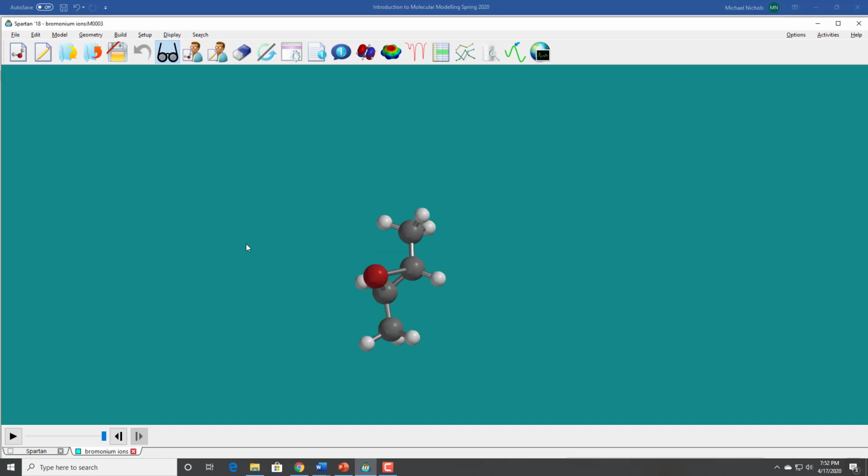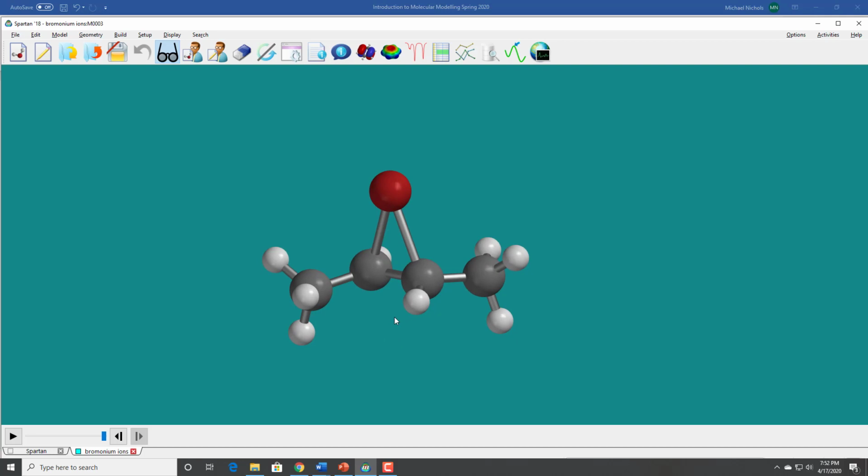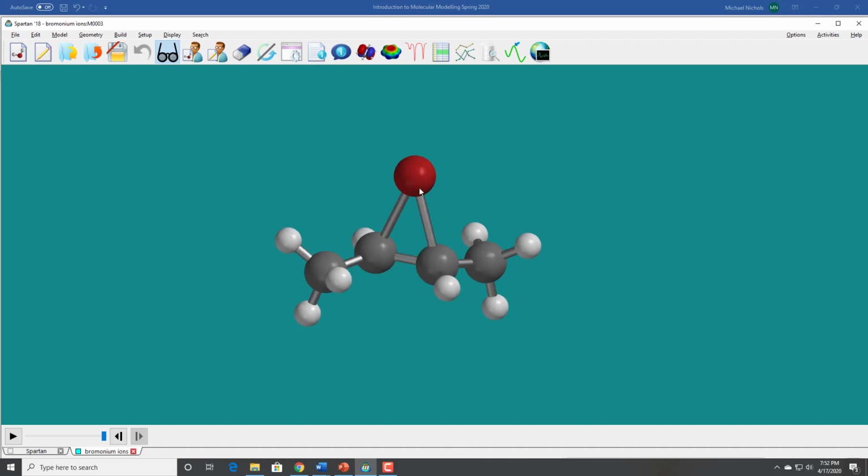So now I've got the symmetrical one. Okay, so here is the symmetrical. Here's the symmetrical bromonium ion. What do you notice about its structure? Where does the bromine sit relative to the two carbons for the symmetrical one?